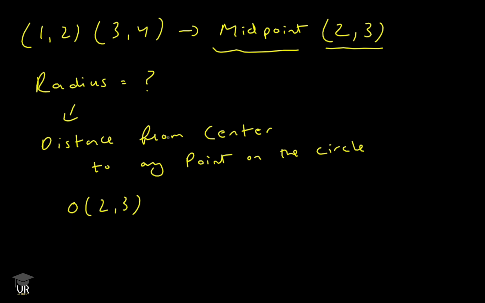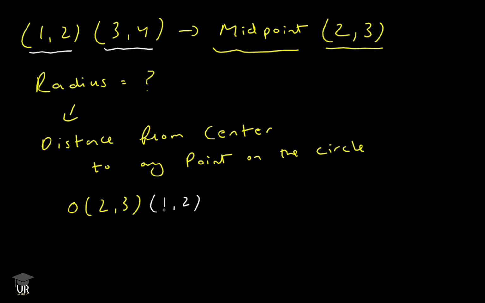Now we can use any of these points. You can either use this point or this point. For both cases, your answer is going to be the same. So I can use this coordinate or I can use this coordinate. So now let's just try with this coordinate, 1, 2.